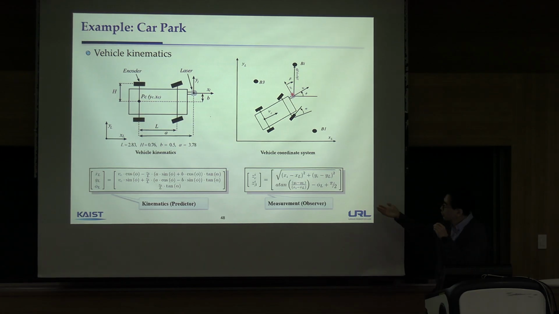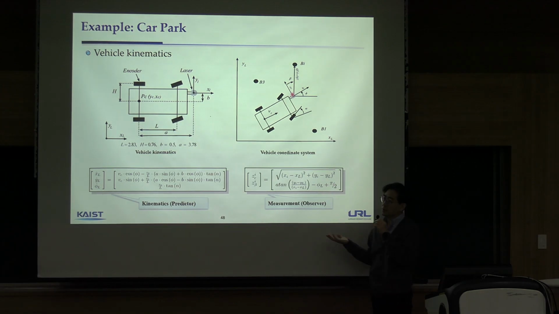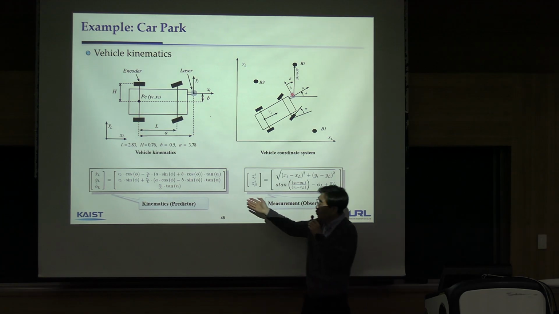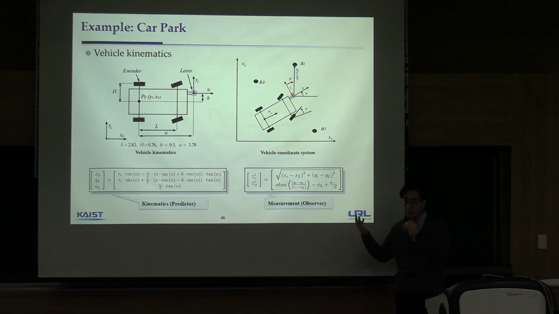So using these two pieces of information, we can set up the measurement equation. That's it. We have the prediction equation and measurement equation, and the rest of the thing will be done automatically by using EKF. The only thing you need is to provide the Jacobians of this one. Jacobians of this matrix, Jacobians of this matrix, then you can run this EKF automatically.